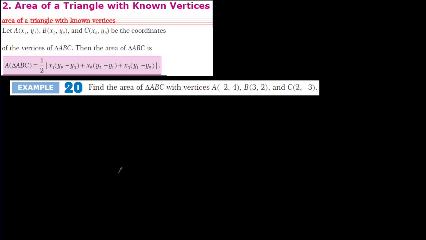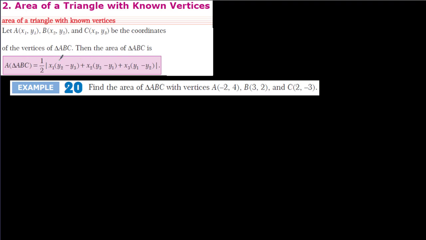Okay, this is the second question: area of the triangle with known vertices. Here, we can find the area of the triangle if the vertices are known: x1, y1, x2, y2, and x3, y3. The formula is similar to what we used with the matrix in the matrix chapter.